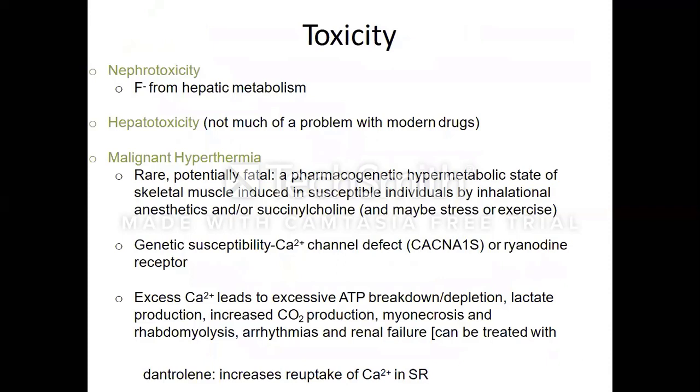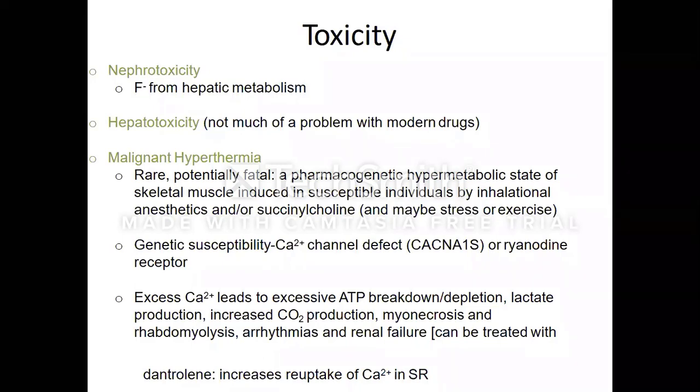So there are various toxicities. Apart from pharmacological effects, we have seen different target organs which are affected by general anesthesia. Now we are looking at the possible toxicities with general anesthetics. Most general anesthetics, if you see, are fluorinated and undergo certain metabolism, which leads to the release of certain toxic metabolites that may affect the kidney and cause nephrotoxicity.